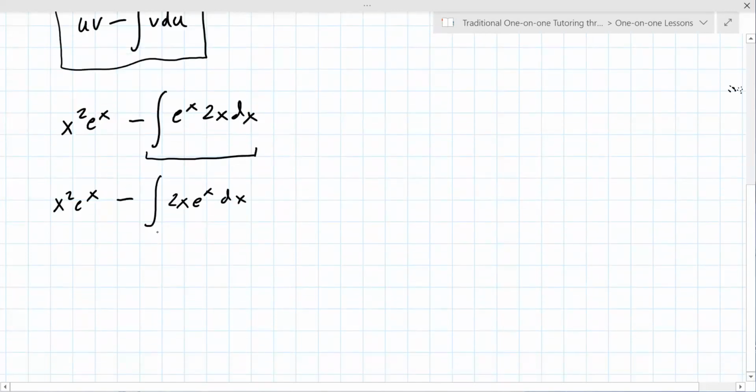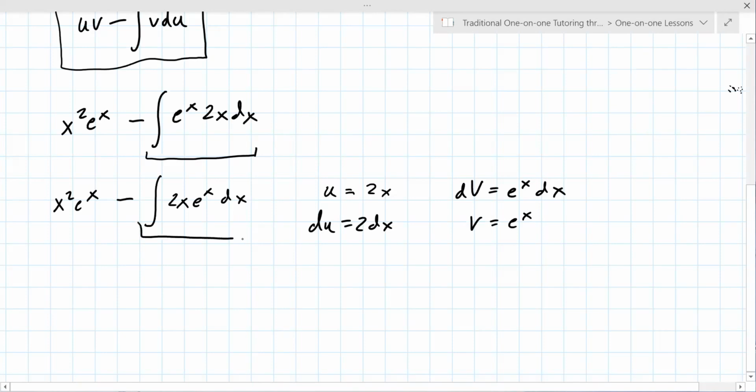Your u here is 2x, and your dv is e to the x dx. So your du is 2 dx, and your v is e to the x. So we do this again: uv minus the integral of v du.